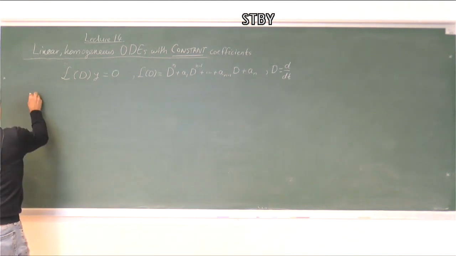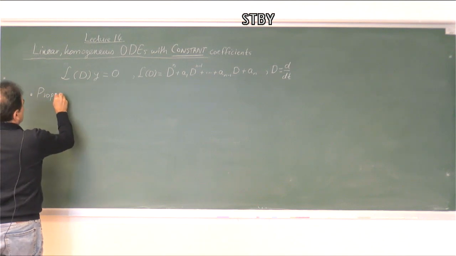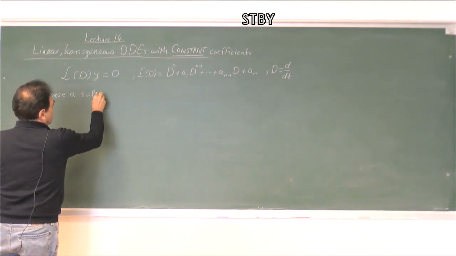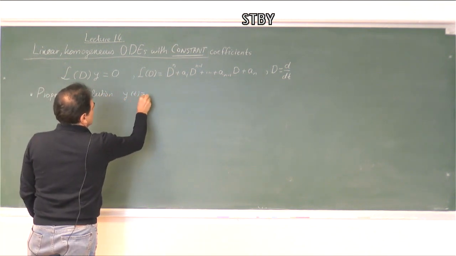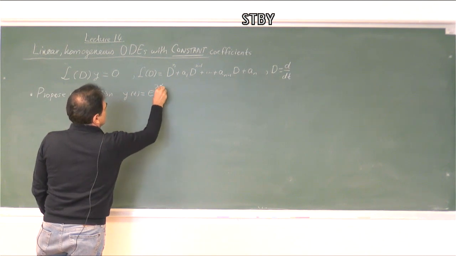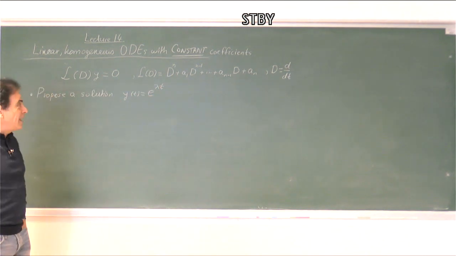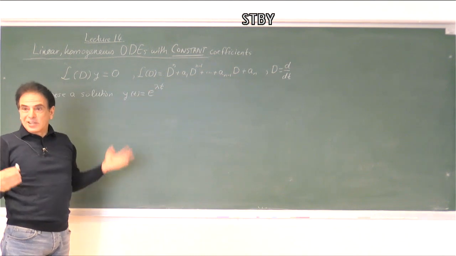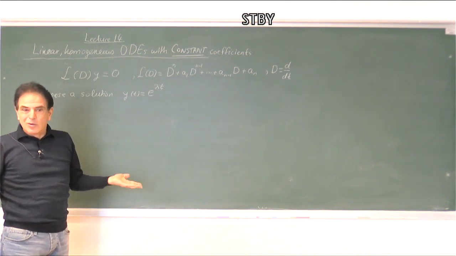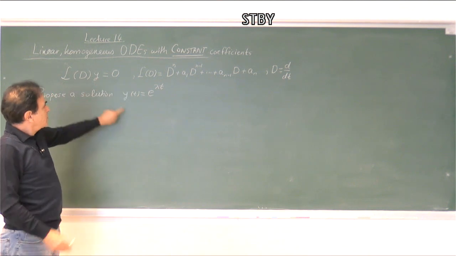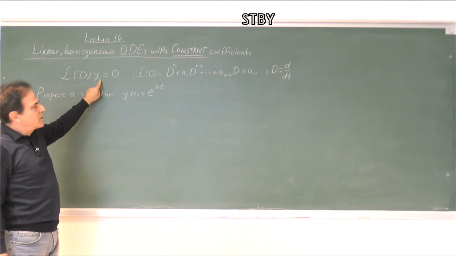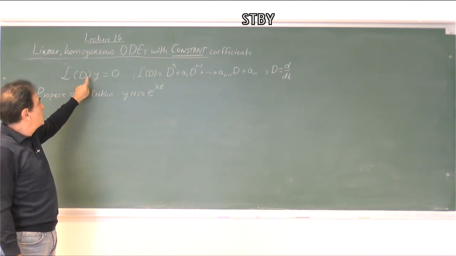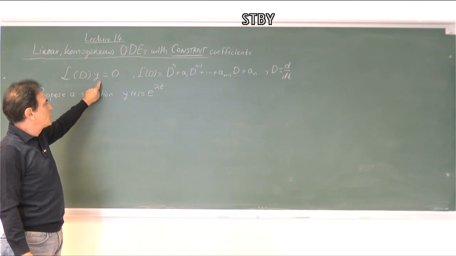Recall that we propose a solution like this, e to power lambda t, where lambda is a constant to be determined, maybe real or complex. And if this is a solution, the equation must be satisfied upon substitution.